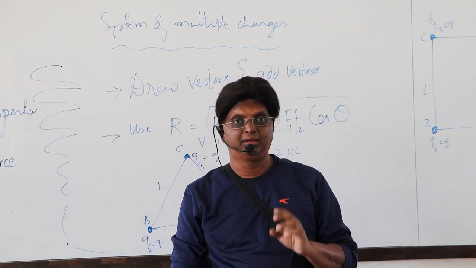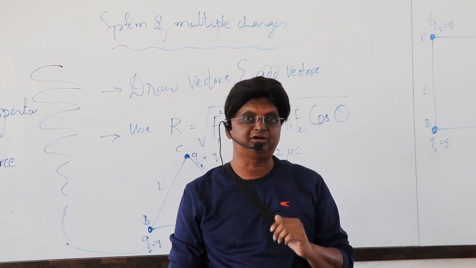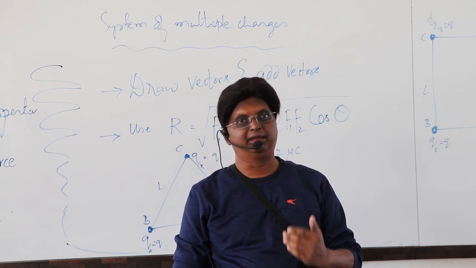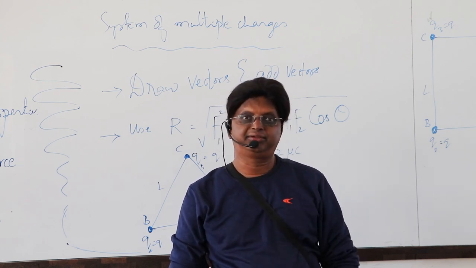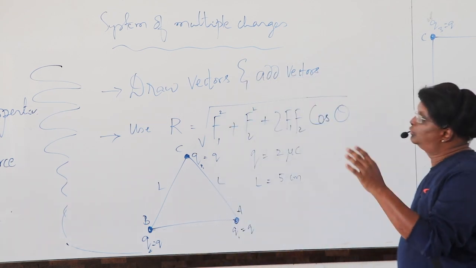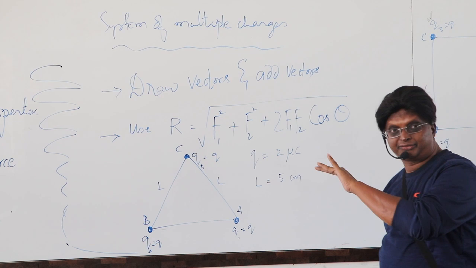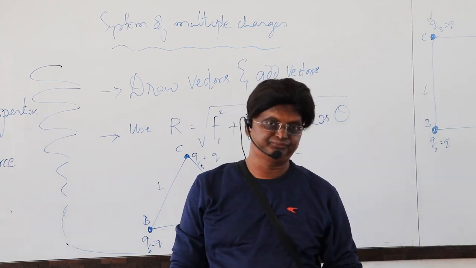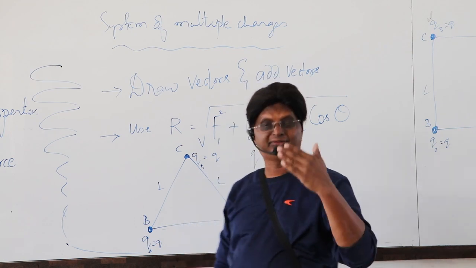That is, a system where we have 3 or more charges. Maybe again like charges or unlike charges. And also it can be either collinear charges, that is charges lying on the same straight line, or coplanar charges, that is charges lying in the same plane.